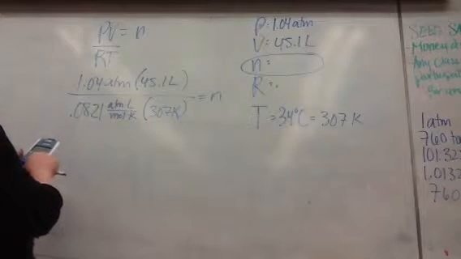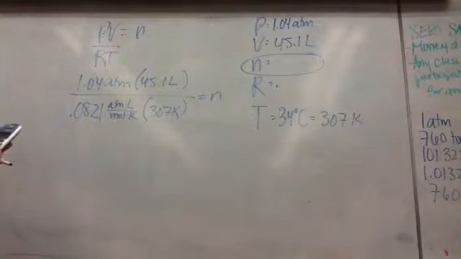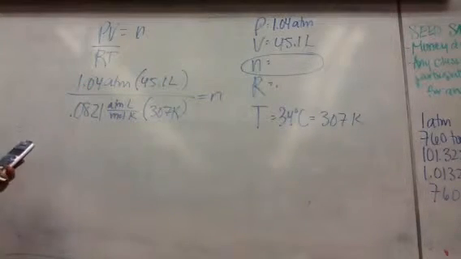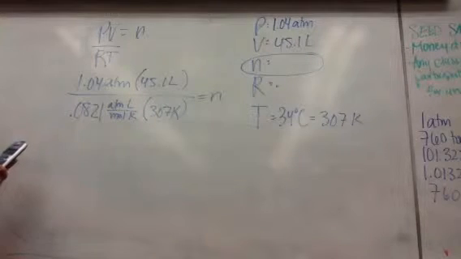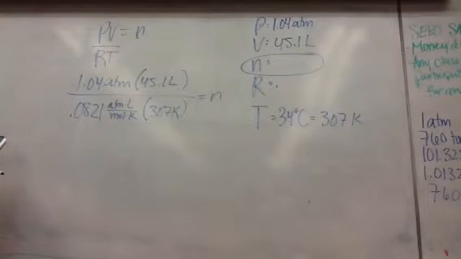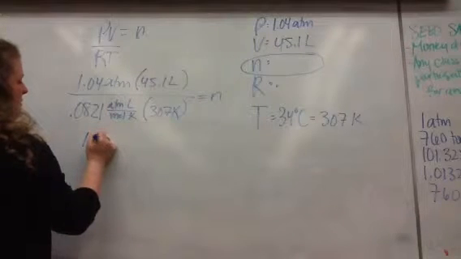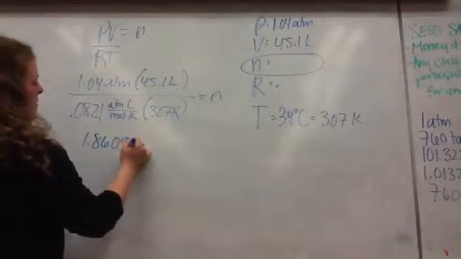Did you not multiply the bottom together? No, I mistyped that. I put in 1.01. Okay, what do you have? 1.8609222764.